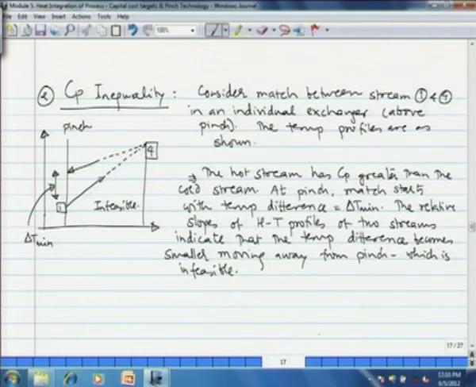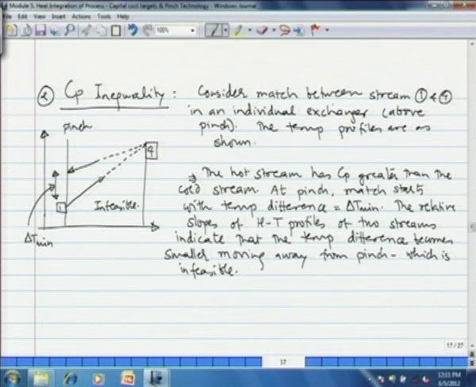So, what is the first constraint? That is the CP inequality constraint. Now, I am again demonstrating the same thing with an example. At pinch, both hot and cold streams are at pinch temperature, with a delta T min of 10 degrees centigrade. Our constraint says that no heat exchanger will have a temperature difference at any end lesser than delta T min.